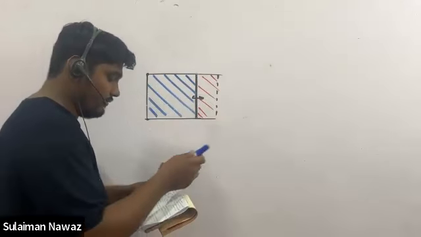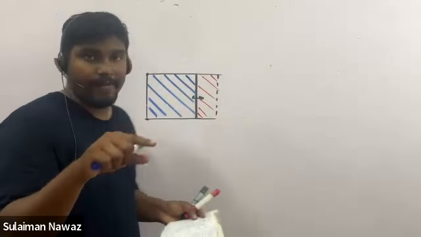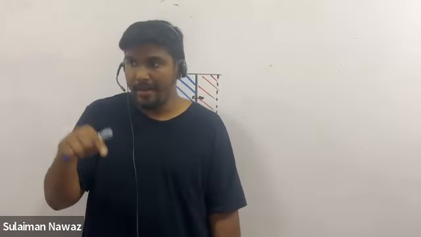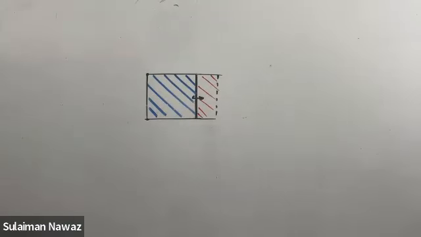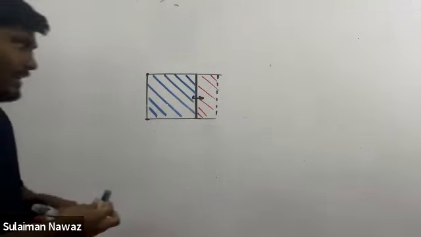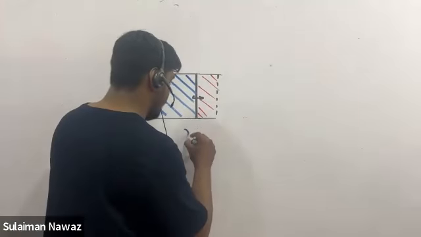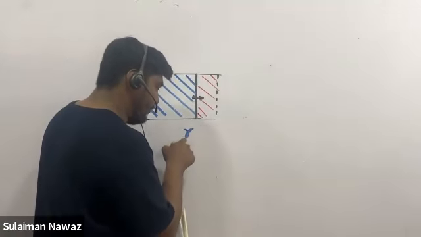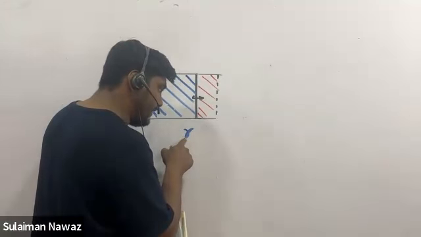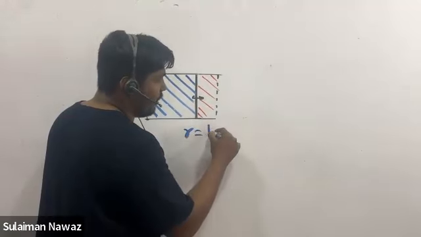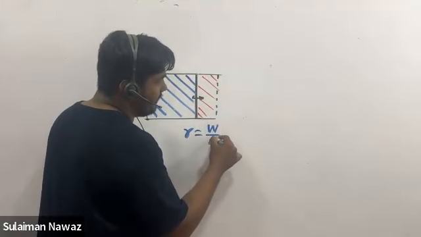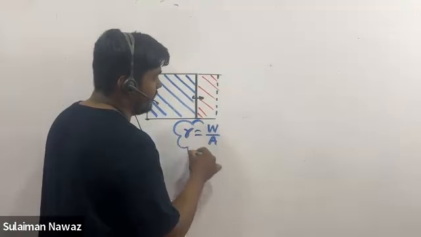The symbol of mechanical surface energy, put inside the bracket, is gamma. What is gamma? The amount of work required to increase the surface area by 1 meter square.